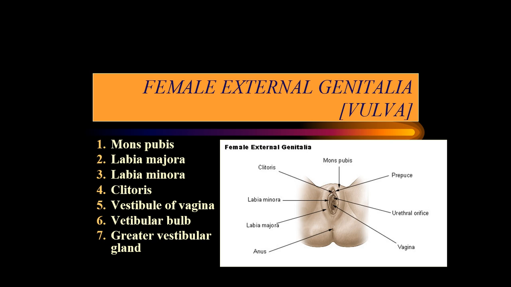Then we have the vestibule of the vagina. Vestibule means opening. There are two openings here. One is called the vestibule of the vagina, which is a larger opening, which is posterior, and more anteriorly there is a smaller opening. This is called the vestibule of the urethra, or the urethral orifice.